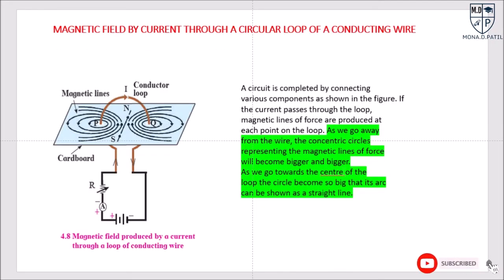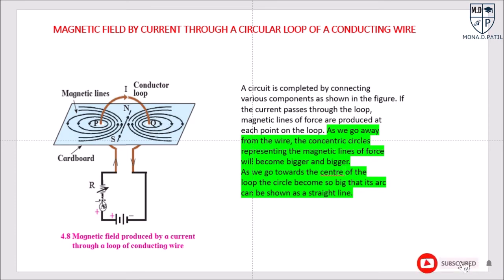Magnetic field due to current through a circular loop of conducting wire. The red copper wire is in the form of a loop. This is the conductor loop of metal, and the circuit is attached to this loop. In the circuit you can see the variable resistance, which can be changed to observe the effect of different amounts of current on the magnetic lines.